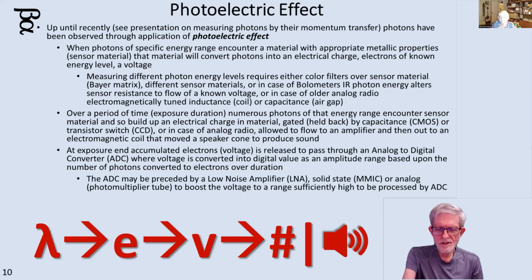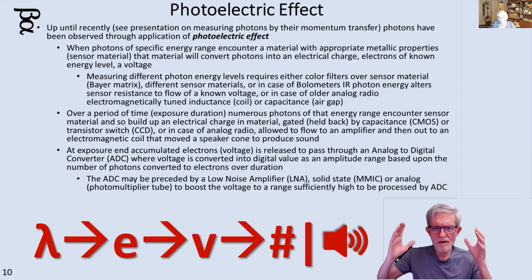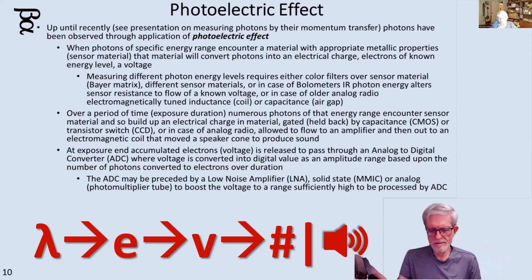So you can see the string of letters down at the bottom: photon, lambda, becomes electron, becomes voltage, becomes number, or goes directly to speaker. So if you want to think of how we measure photons, the wavelength, the energy, it's photons become electrons, become voltage, voltage gets converted to a number, and therefore you have the number. And then if you measure that over time, you can determine the frequency of it.